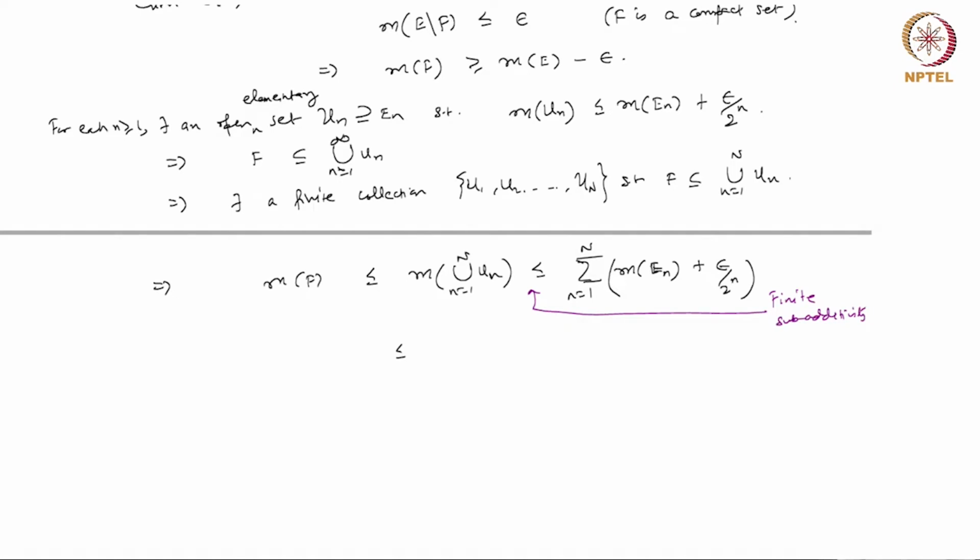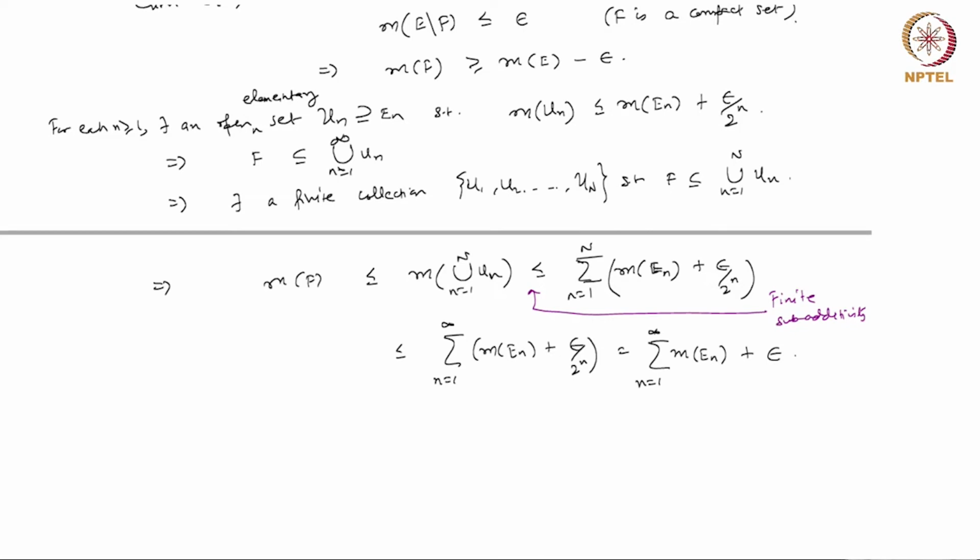So then this finite sum is of course less than or equal to the infinite sum of m(En) plus epsilon by 2 to the power n, which is nothing but the total sum of m(En) plus epsilon.